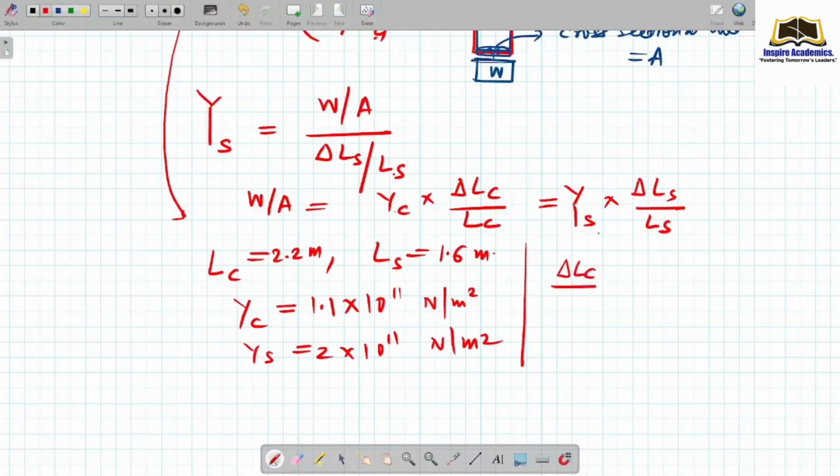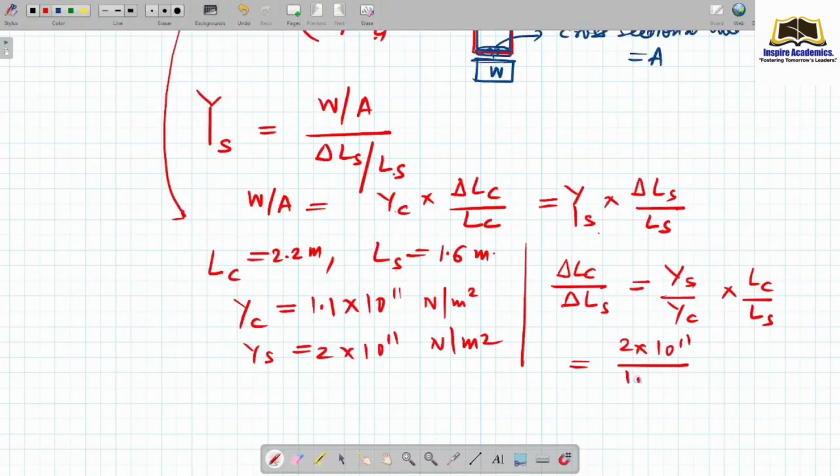Delta LC upon delta LS. ये क्या हो जाएगा? ये हो जाएगा YS upon YC into LC upon LS. Yes or no? और ये वैल्यूज रख दो. YS क्या है? 2 into 10 to the power 11 upon 1.1 into 10 to the power 11 times L of C कितना है? 2.2 upon 1.6. Are you in agreement with me?